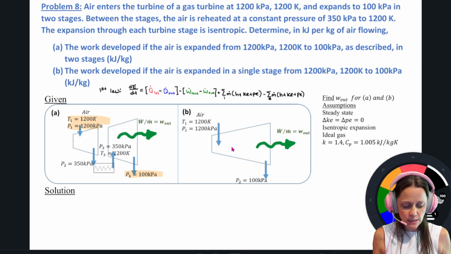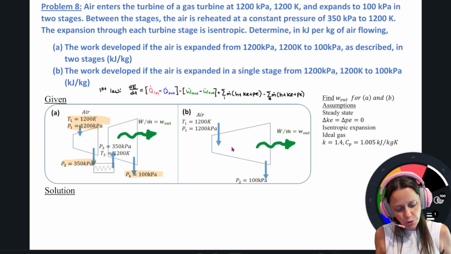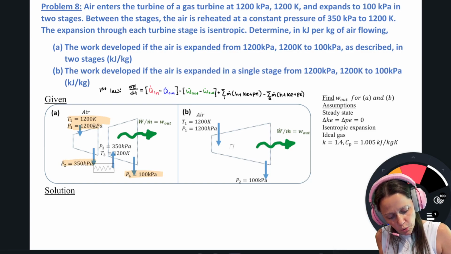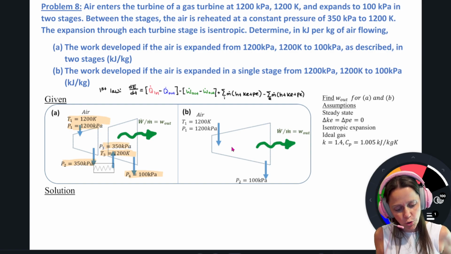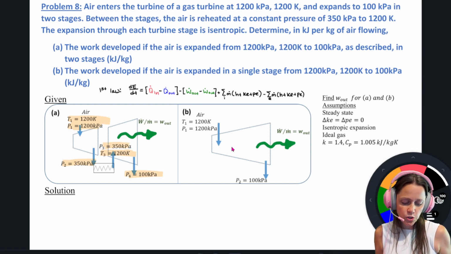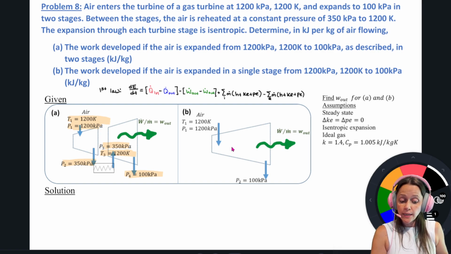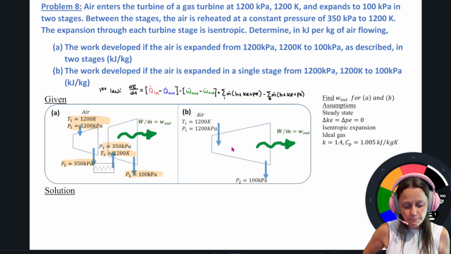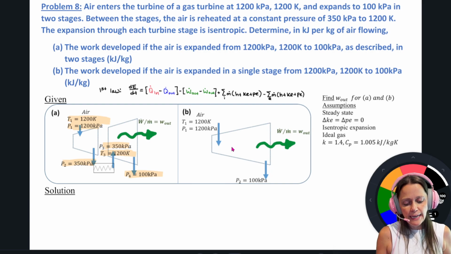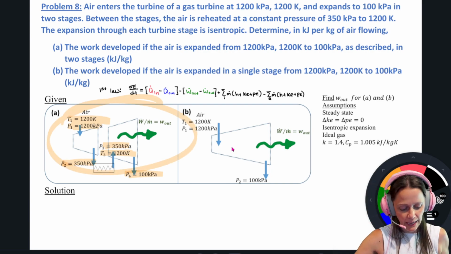Between those stages, the air is reheated at a constant pressure of 350 kilopascals to a final temperature of 1200 Kelvin. The expansion through each turbine stage is isentropic, and we want to determine in kilojoules per kilogram of air flowing the work developed if the air is expanded as described in case A.